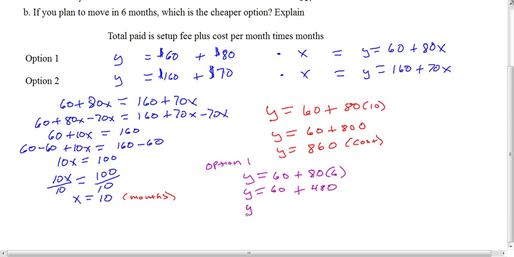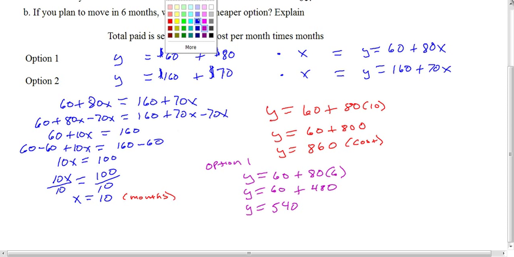Okay, and y is going to equal 480 plus 60, which is $540. Okay, $540. If you're going to live 6 months in your apartment and move, then that's what it'll cost if you're contemplating using the first option.